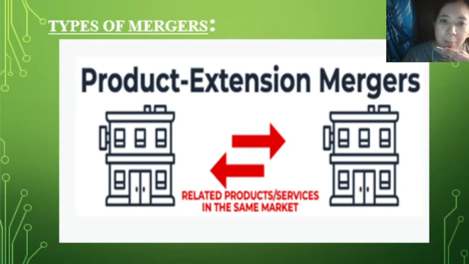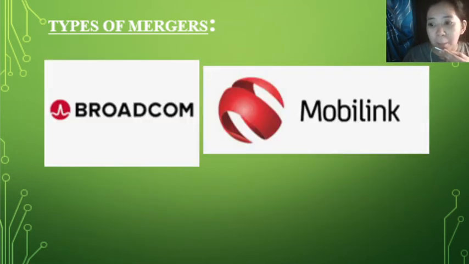Our example for this type of merger is the Broadcom and Mobilink merger. The two companies both operate in the electronics industry, and the resulting merger allowed the companies to combine their technologies. The merger enabled the combination of Mobilink's 2G and 2.5G technologies with Broadcom's 802.11, Bluetooth and DSP products.